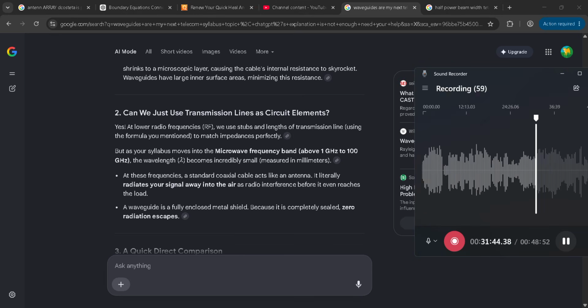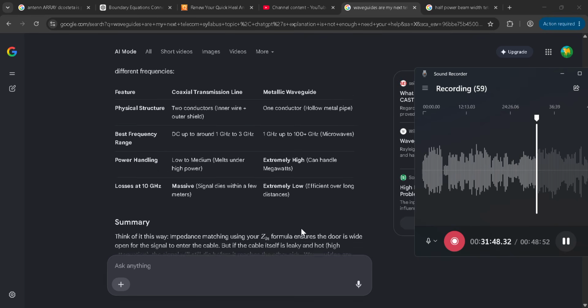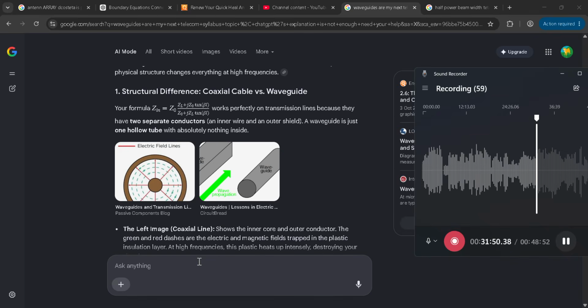These diagrams illustrate how waves travel, how fields distribute, and why the physical structure changes at high frequencies. Structural difference: a coaxial cable versus a waveguide. Your formula Z equals Z naught times (ZL plus j Z naught tan beta L) over (Z naught plus j ZL tan beta L) works perfectly on transmission lines because they have two separate conductors, the inner and outer conductor. A waveguide is one hollow tube. In transmission lines, we have this inner conductor and this outer conductor.